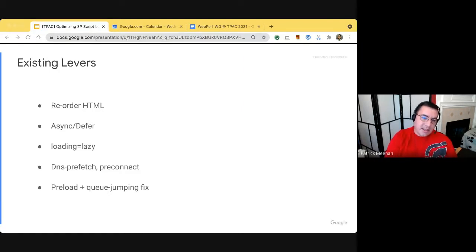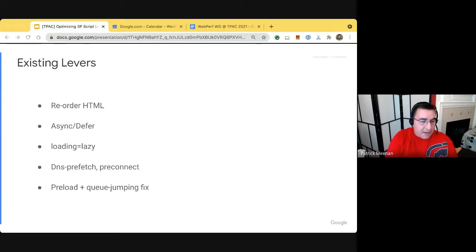The most basic lever we've always had is reordering things in the HTML, moving your blocking scripts to the end of the body. It's one of Steve's original rules, right? Async and defer for scripts has been added, to some levels of success, unblocking the parser, but with less control over when the loading and execution of those things happen.